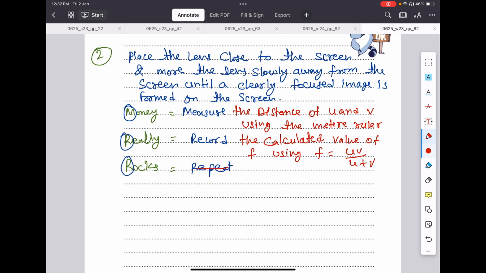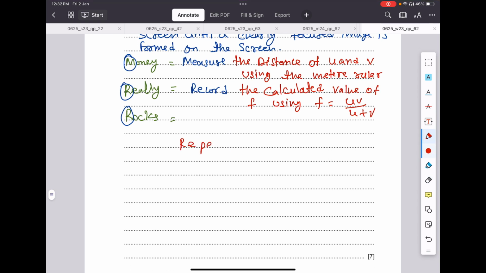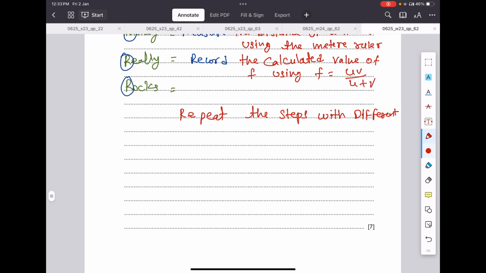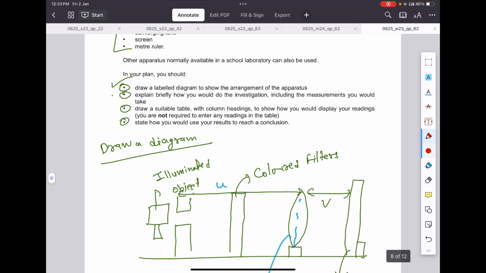Last part, repeat the steps with different filter colors. Okay, this is also done.